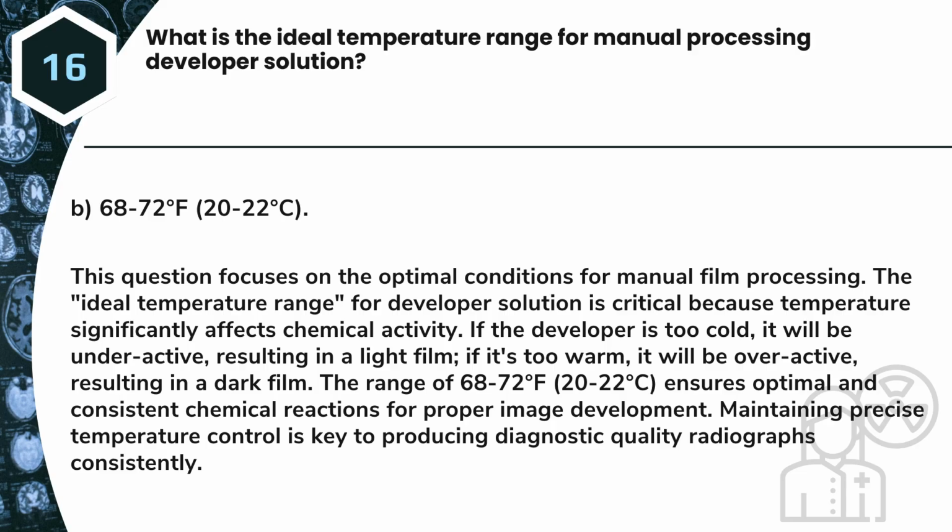If it's too warm, it will be overactive, resulting in a dark film. The range of 68 to 72 degrees Fahrenheit, 20-22 degrees C, ensures optimal and consistent chemical reactions for proper image development. Maintaining precise temperature control is key to producing diagnostic quality radiographs consistently.